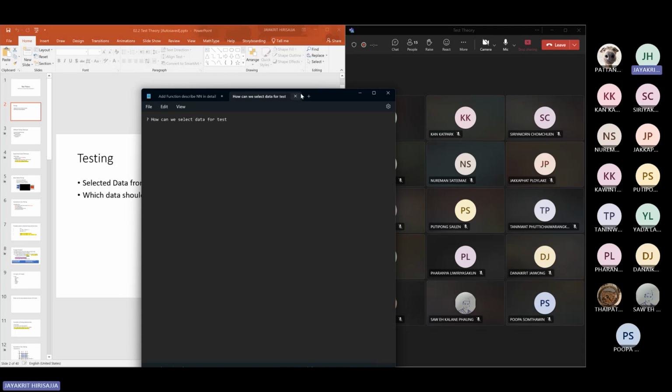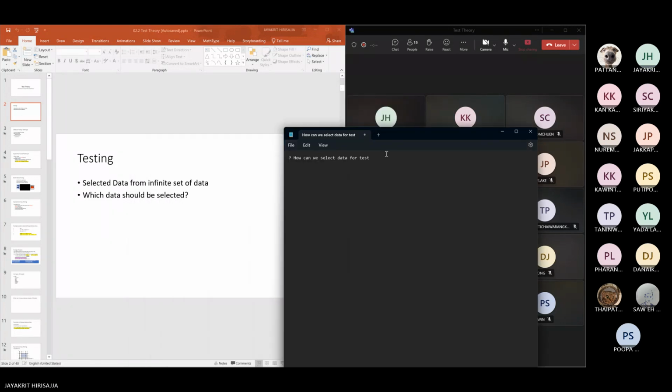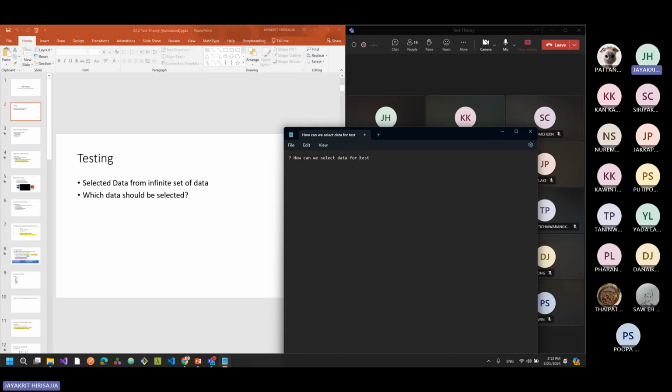How can we select the data for test? What kind of data should we select?